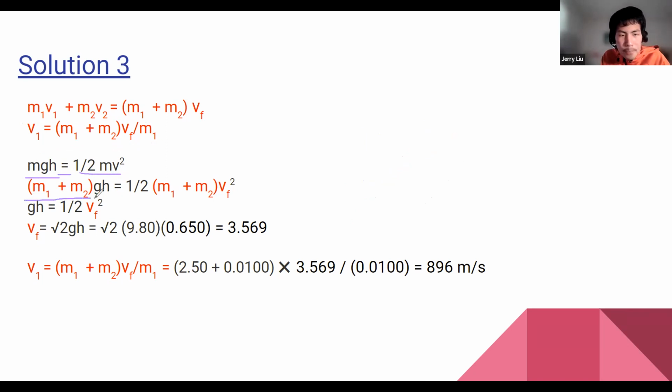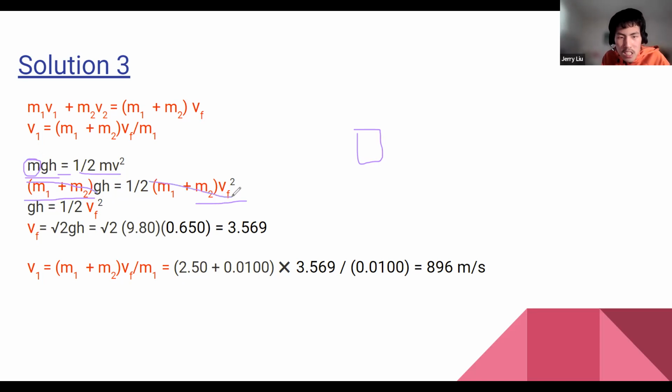Here, when we talk about kinetic energy and potential energy, since the block and the bullet are together at this point, this m is the total mass, not the mass of the block or the bullet. So m1 plus m2 times gh is 1/2 of m1 plus m2 times vf squared. This is because this vf is from after the collision.